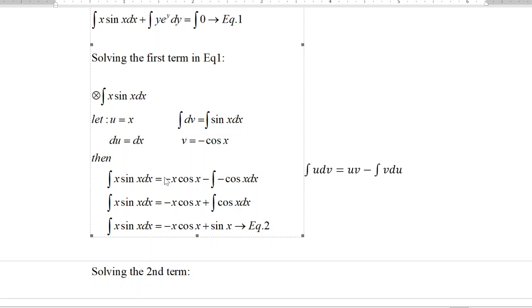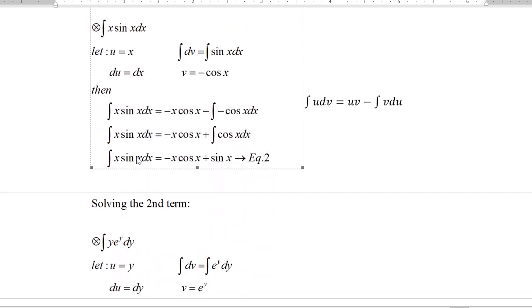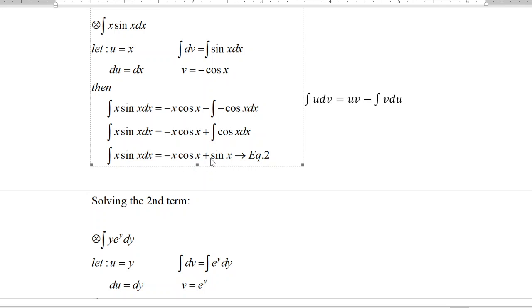So we write u times v, x times negative cosine x, so negative x cos x, minus the integral of v du, where v is negative cosine x. So the integral of negative cosine x dx: negative times negative becomes positive. The integral of cosine x dx is sin x. Meaning, the integral of x sin x dx is negative x cosine x plus sin x.